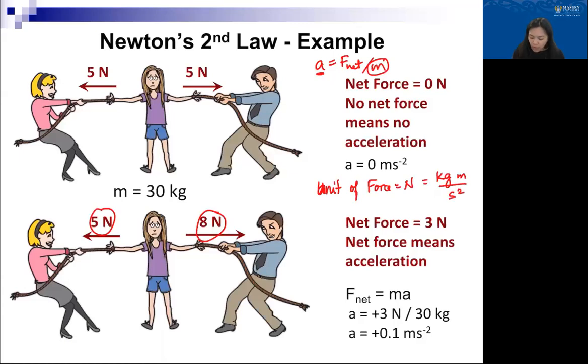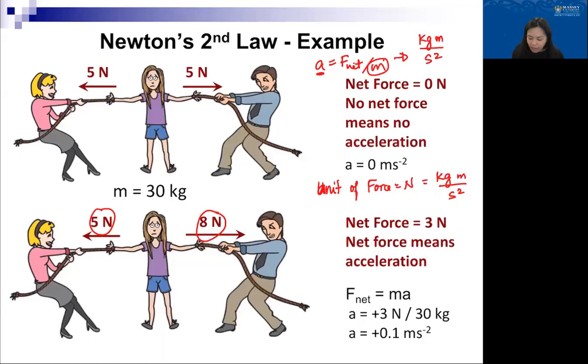So when you have the net force divided by mass, the unit for net force is kilogram meters per second squared, which is the expanded meaning of newtons.